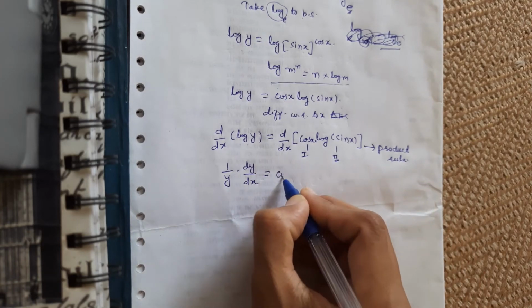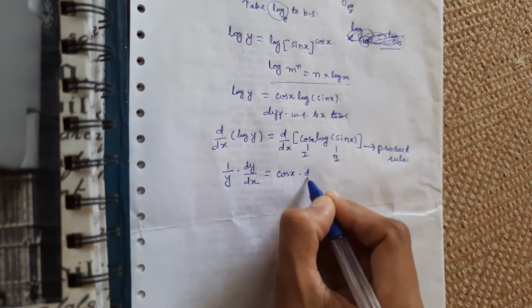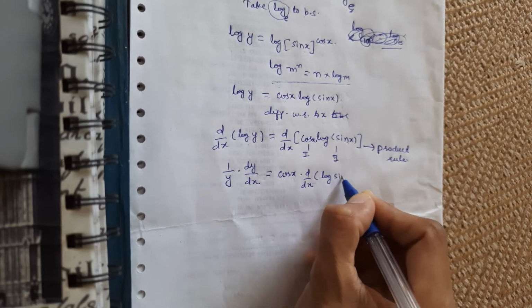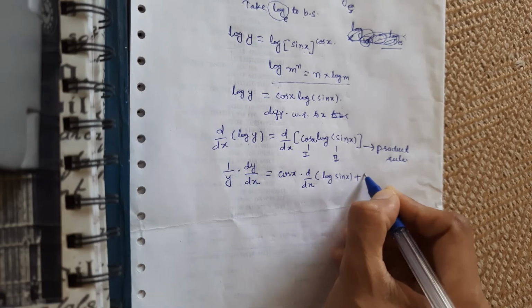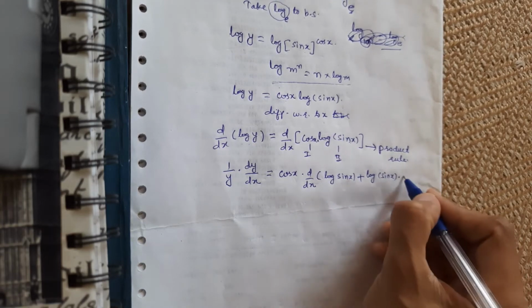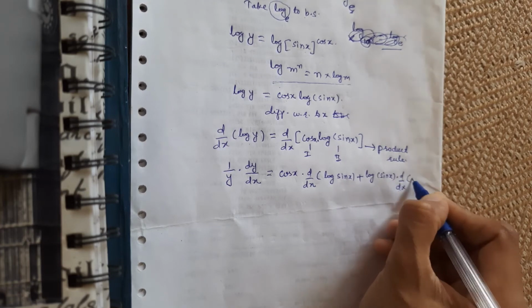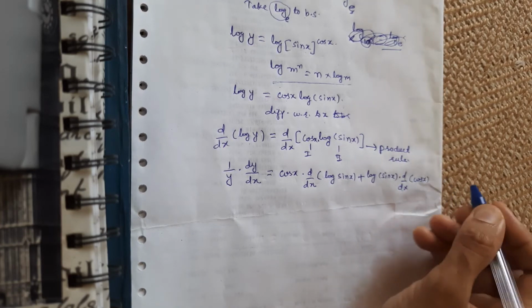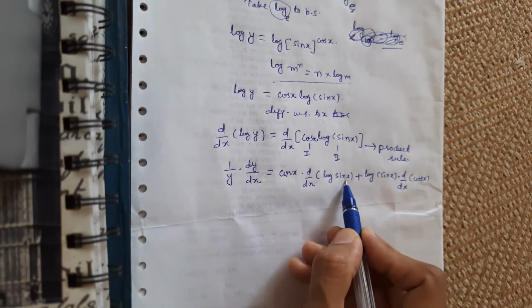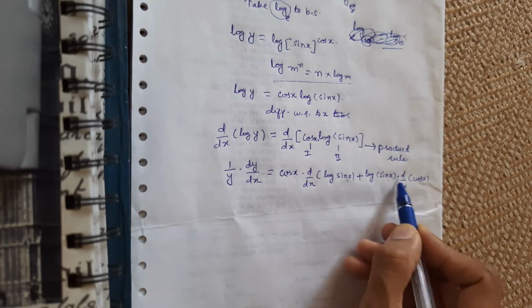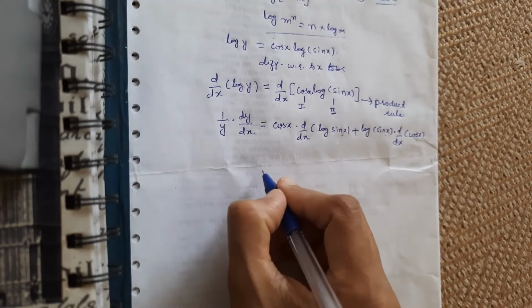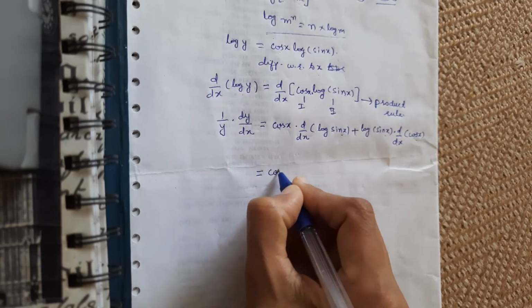First function into derivative of second function plus second function into derivative of first function. That is the product rule. Okay, so now cos x as it is.